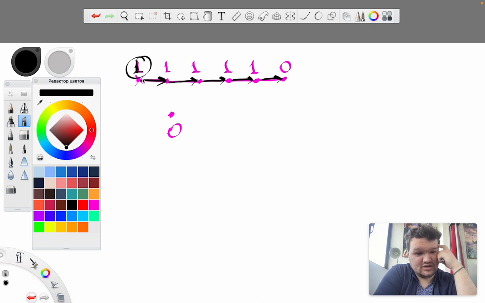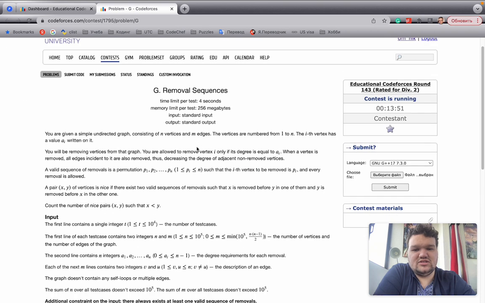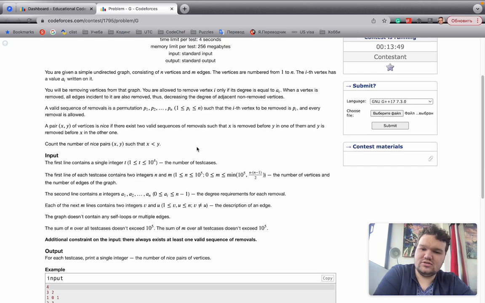Okay, so now we have directed the edges. So now the problem is as follows. We have a directed graph. We need to calculate the number of pairs of vertices so that their relative order in topological ordering is not fixed. The order is fixed only if one vertex is reachable from the other.